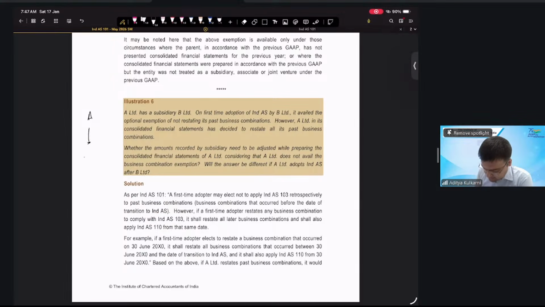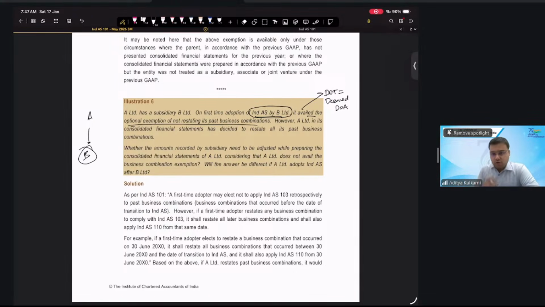A has a subsidiary B. On first time adoption of Ind AS by B, it availed the optional exemption of not restating past combinations. What does it mean? Date of transition is equal to deemed date of acquisition. Yes. However, one minute. First time adoption of Ind AS by B Limited.